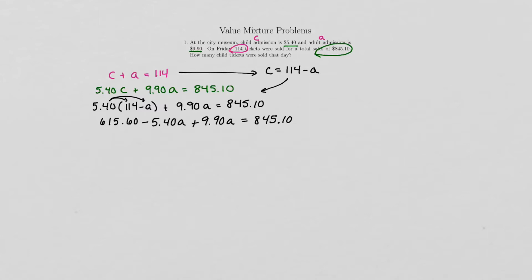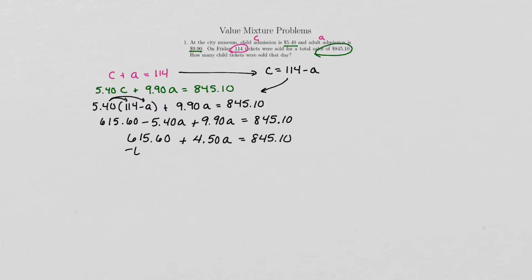The minus 5.40A and the plus 9.90A we'll put together, so $615.60 plus $4.50A, because minus 5.40 plus 9.90 is plus 4.50, equals 845.10.